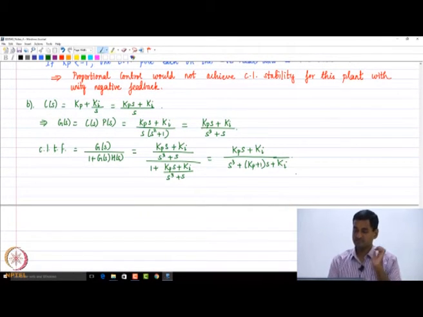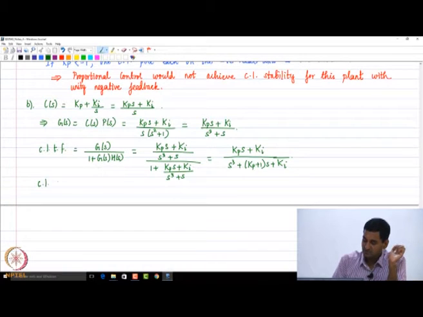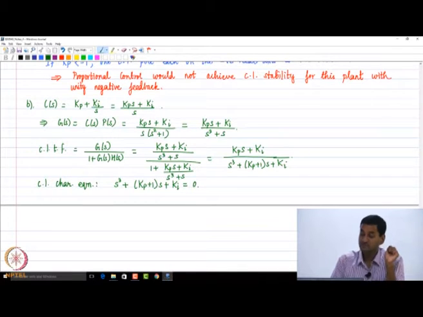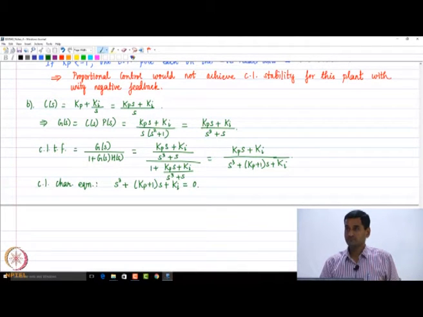Okay. So as a result, the closed loop characteristic equation is going to be S cube plus Kp plus 1 S plus Ki equal to 0. Okay, that's going to be the closed loop characteristic equation, right?